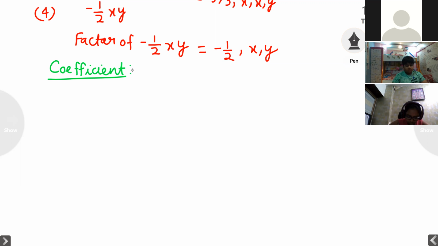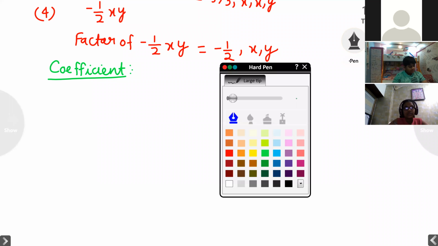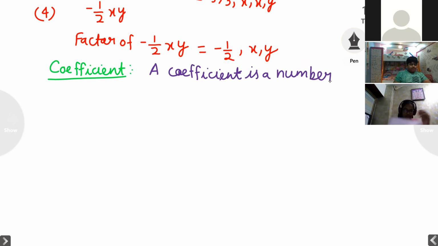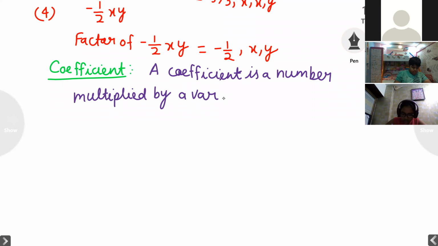A coefficient is a number multiplied by a variable.